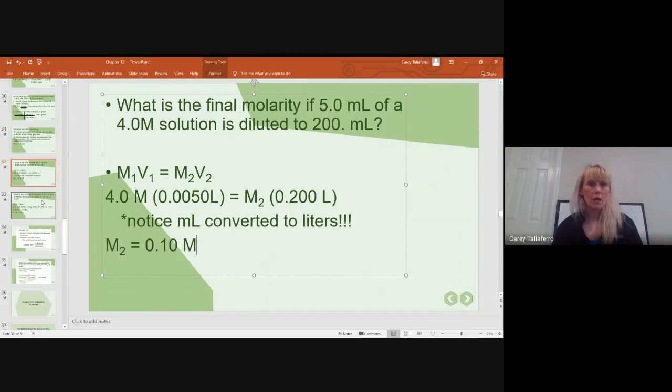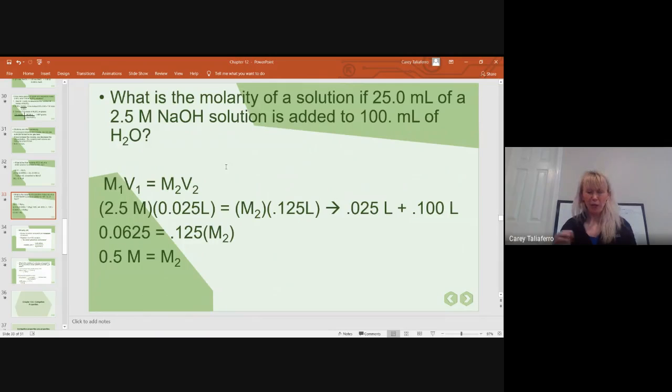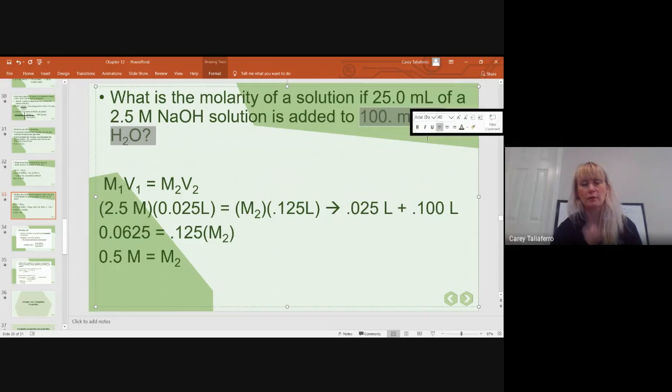All right. Now, another way that this could be phrased is, what is the molarity of a solution if 25 milliliters of a 2.5 molar solution is added to 100 milliliters of water?